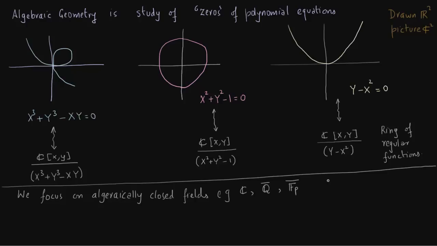You should check out the definition of algebraic closure on Wikipedia and see the examples there and see how to construct an arbitrary algebraic closure for a field. Notice that this field of algebraic numbers is strictly contained within complex numbers. So closed fields we are going to denote by this small letter k.